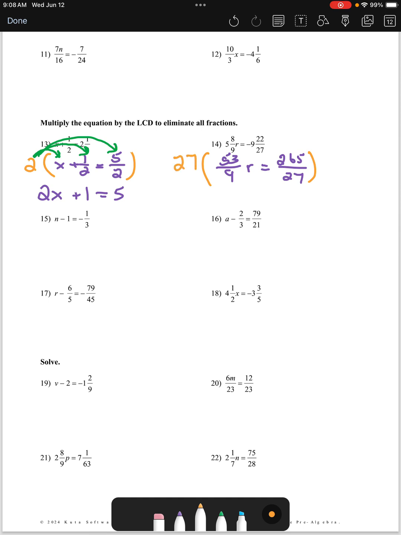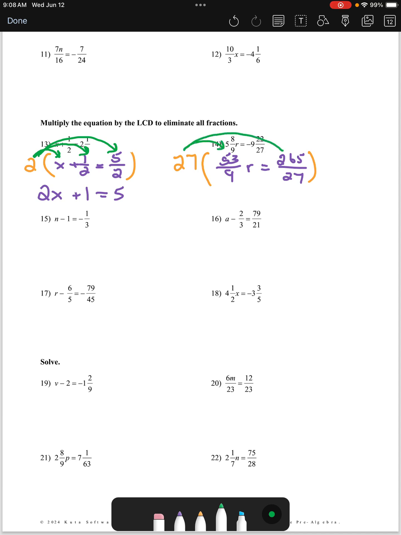So here, we do have one fraction that will simplify very nicely. That's the 265/27. And we've got one fraction that doesn't simplify quite as nicely. Now you might be thinking, does this really mean I have to do 27 times 53 and then divide whatever that is by 9? That's one way to figure out your first fraction. I wouldn't recommend it.